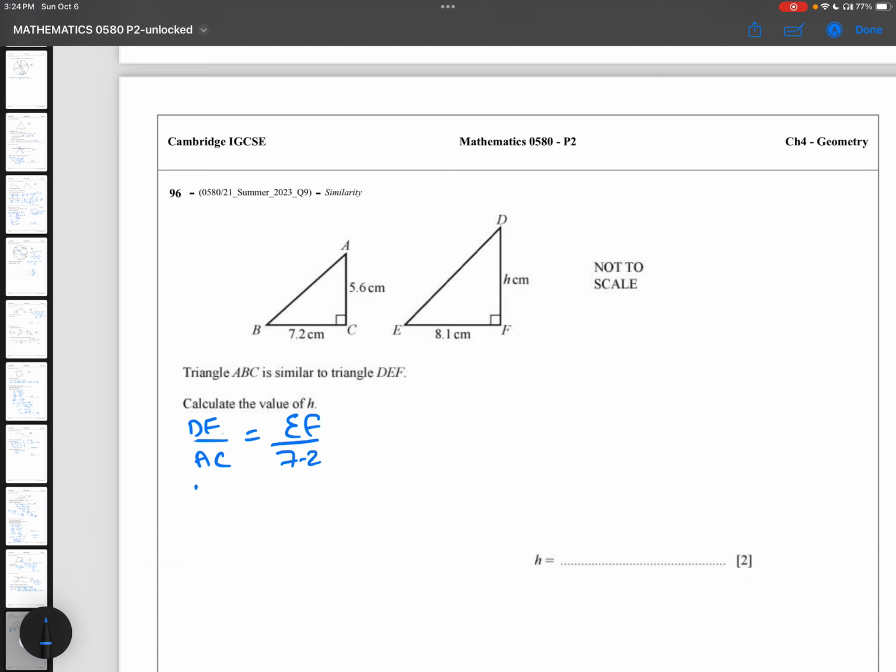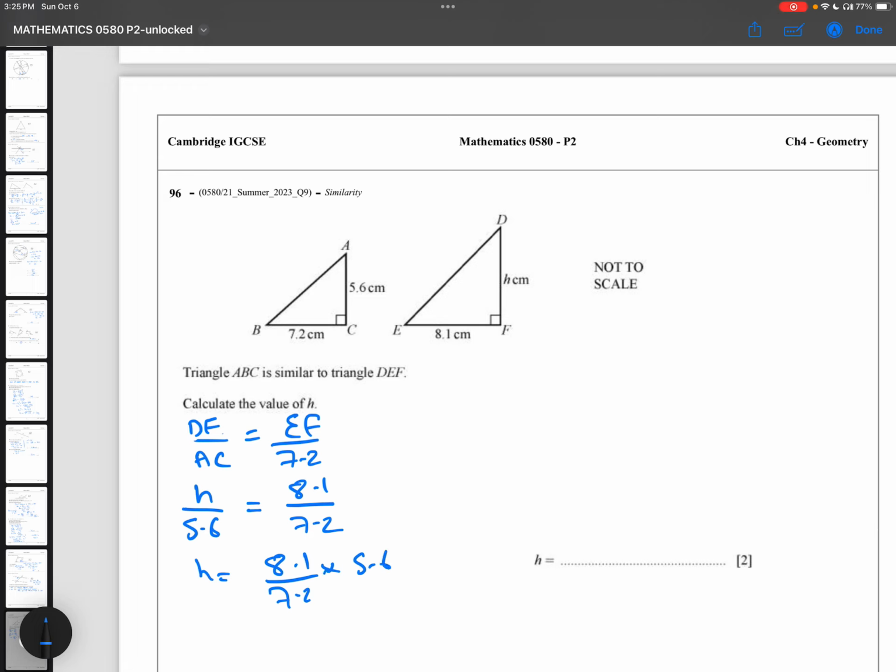Now DF is h, AC is 5.6, EF is 8.1, and BC is 7.2. So to get h, this 5.6 will be multiplied on the right side of the equation.